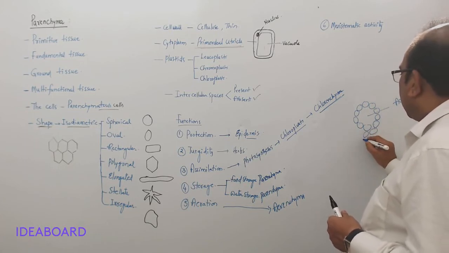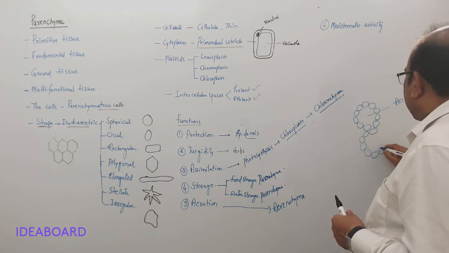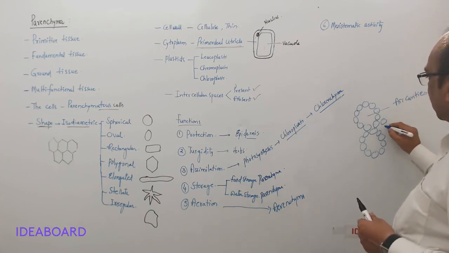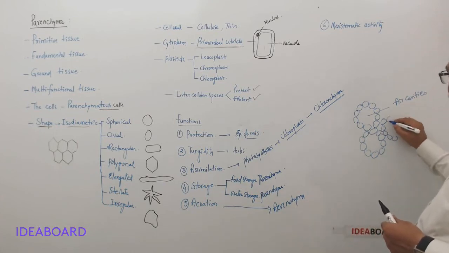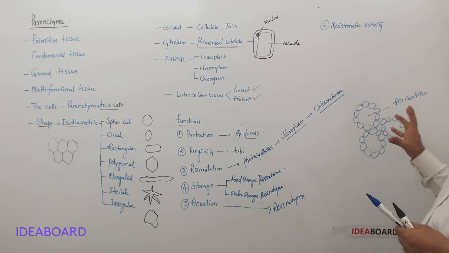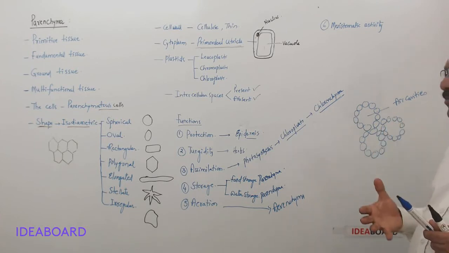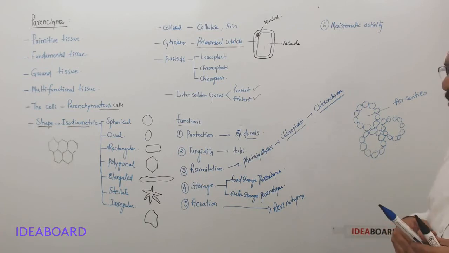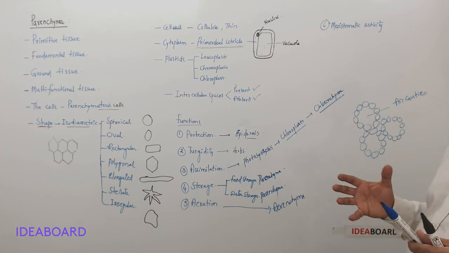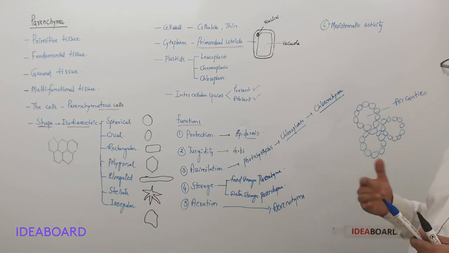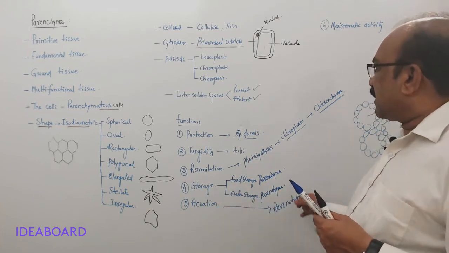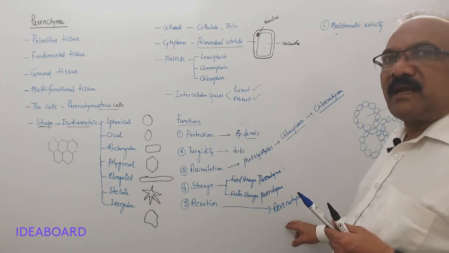This is one group I drew, and this is another group of parenchyma cells. Imagine like this. If the cells are arranged like this, you will find several air cavities, and naturally the tissue becomes spongy, and it provides buoyancy to the plant and makes the plant float on the surface. Not only that, the air stored inside also helps in exchange of gases. That's why I wrote aeration. So that is parenchyma present in free floating hydrophytes.